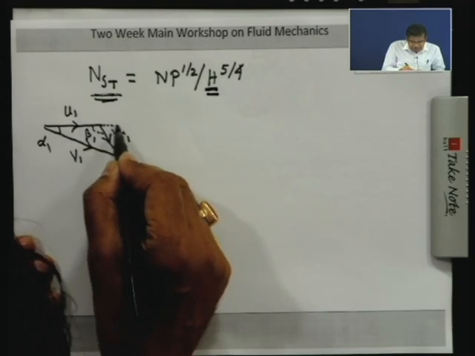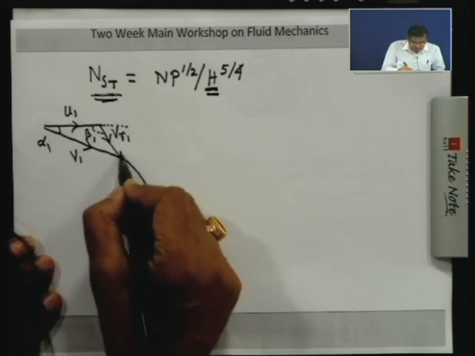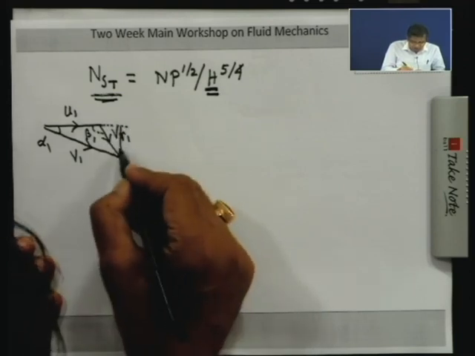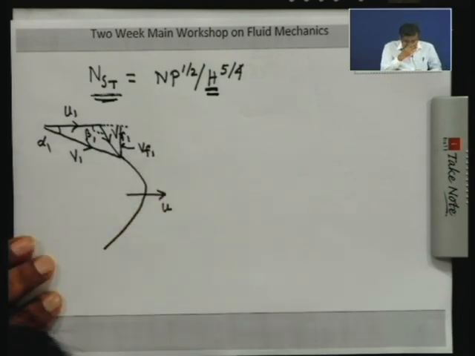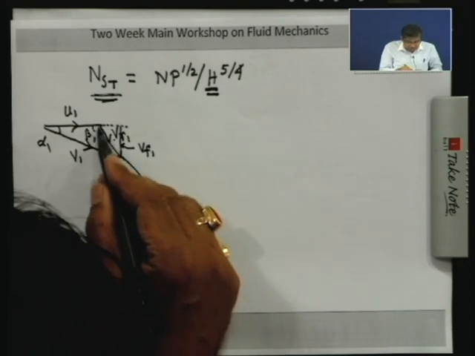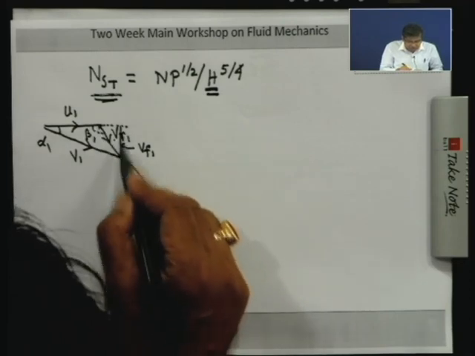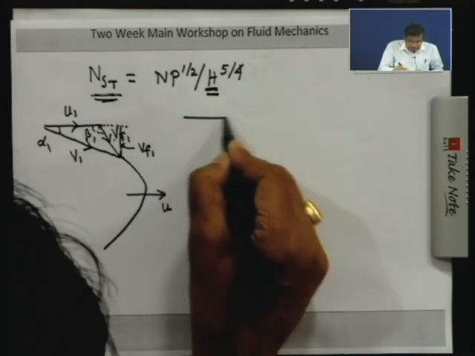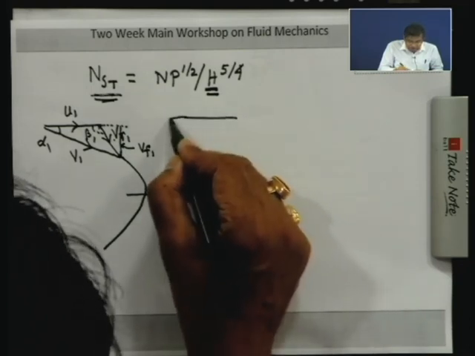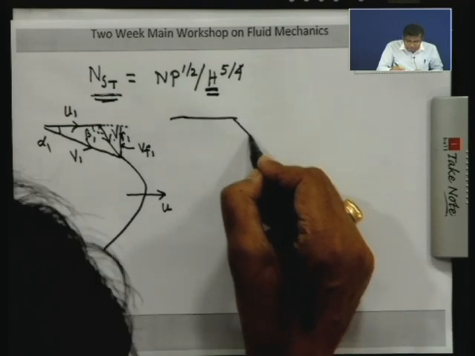And this is the flow velocity Vf1. I will draw it again so that you can understand better. So, it is like this.